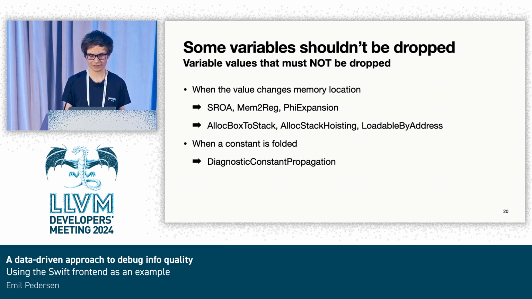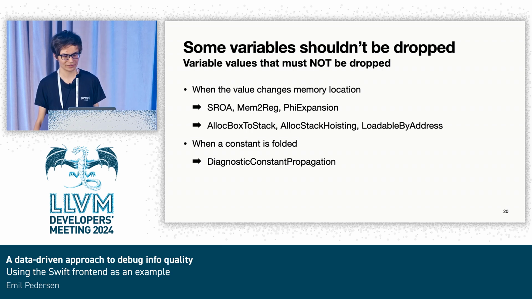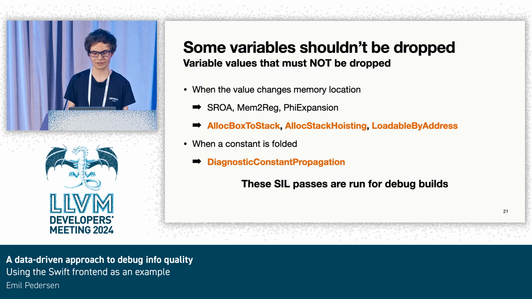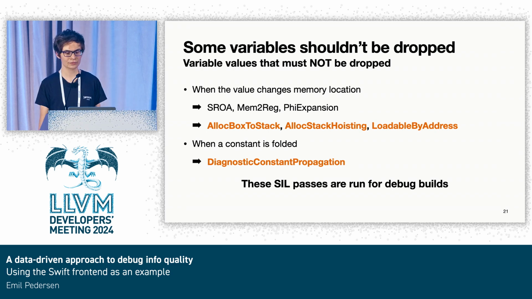When a constant is folded and can be represented as a constant in a DWARF expression, then we should do so. And all of those passes were losing debug information at the SIL level. The problem is that these passes here in orange are mandatory passes in the SIL optimizer. They are also run when compiling at -Onone. So that's not good.